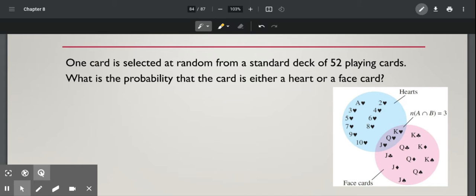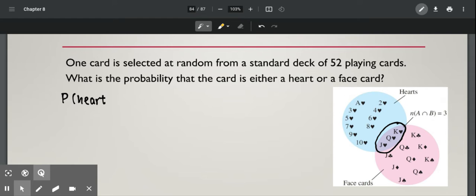If you look at this Venn diagram, they listed all the hearts, and in the pink one, they listed all the face cards, and there's this overlap of hearts and face cards. So to find the probability of it being a heart or a face card, what we have to do is first find the probability of it being a heart.